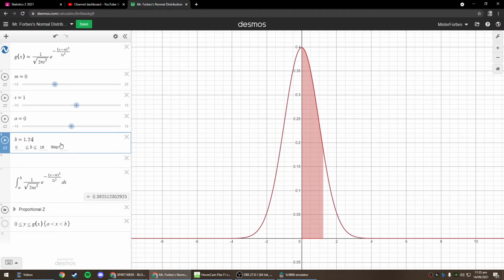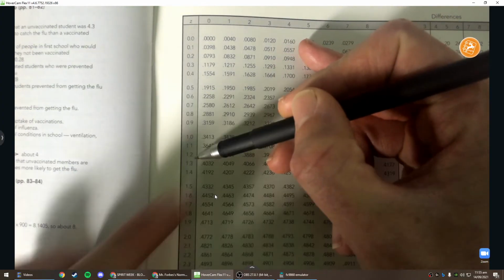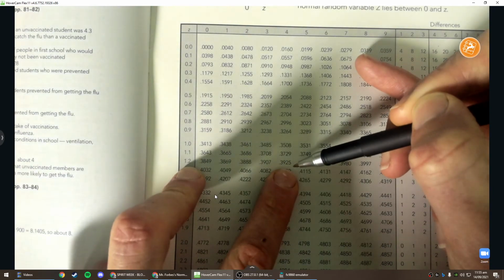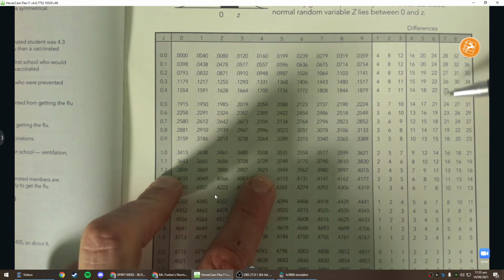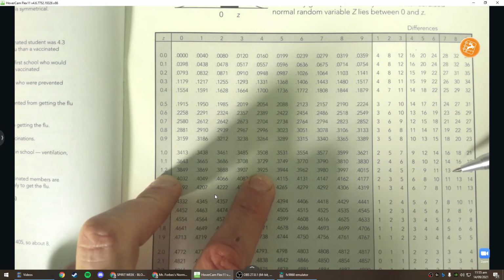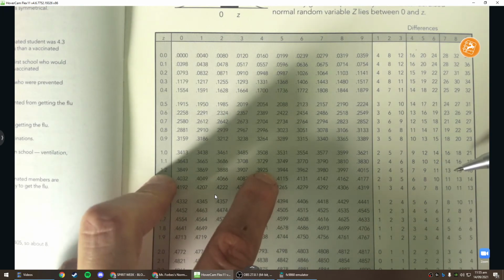What if it needs even more accuracy? Let's put a 7 on the end there. This is when things start to get a little bit trippy. So it's 1.247. To do that, you take 1.24, so it's 0.3925, and then you need to get a difference of 7, and then we go down to here. A difference of 7 is going to add 13 onto the last 2 decimal places.